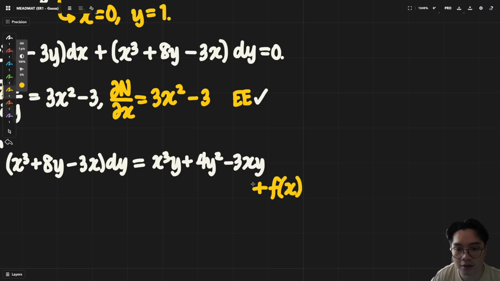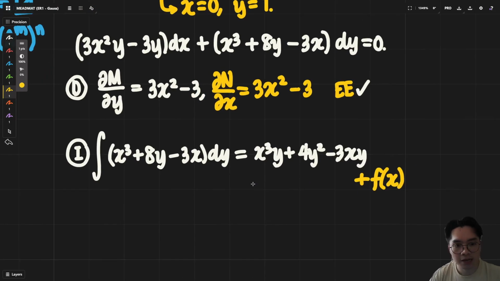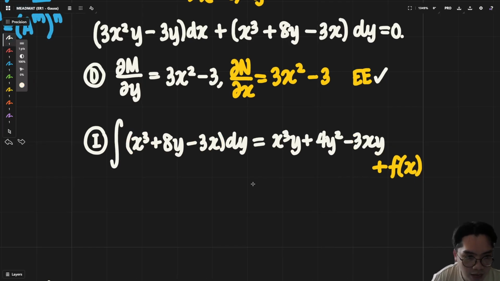So I will put it here. Okay? So hopefully we were able to follow along with that integral. Again, the other variable does not matter, right? It's only y that matters in here. That is why I only added the y for the x cubed and then the y for the negative 3x.